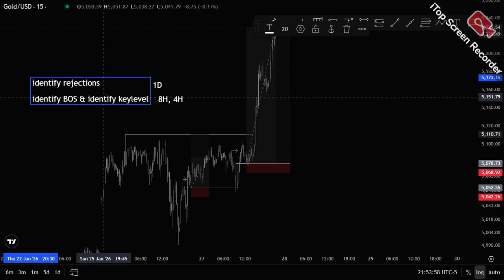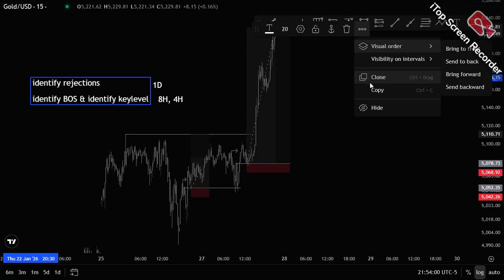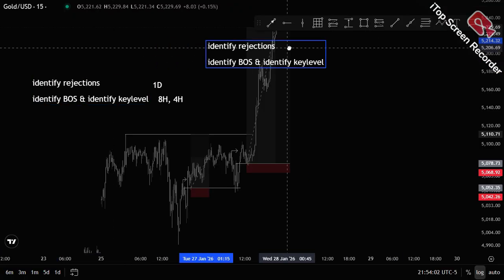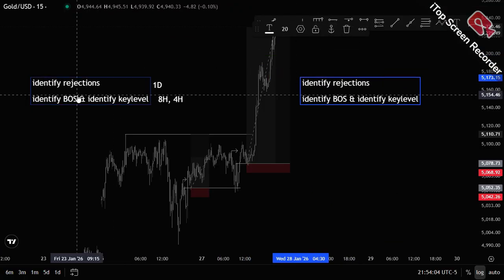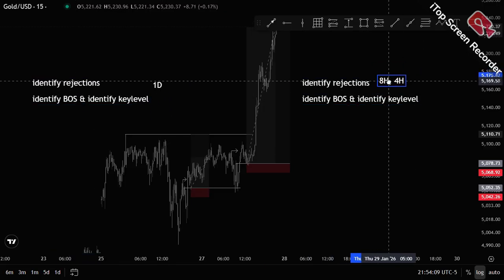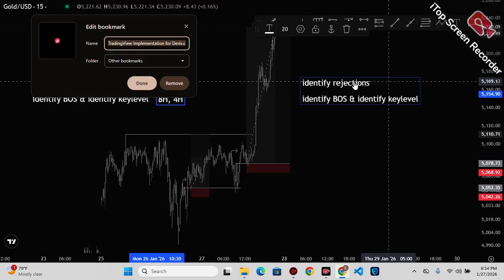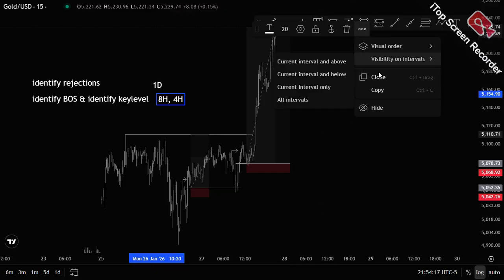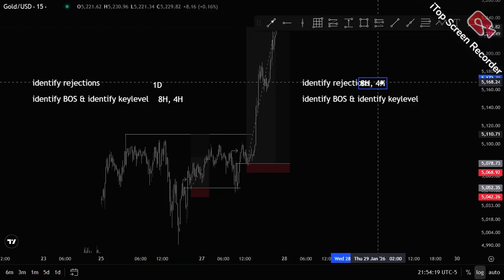So if you want to do a 4 hour setup, or should I say 8 hours setup, then you have this 8 hours or 4 hours as your rejection. So you have it as your rejection.